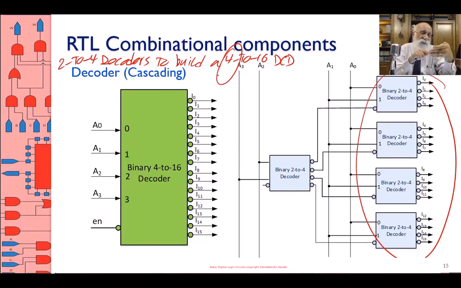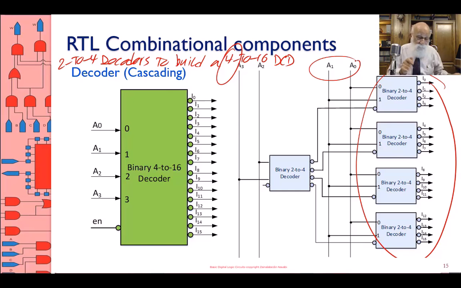That means if you have A3, A2, A1, A0, you take A1 and A0. You give A1 and A0 to all of your 2 to 4 binary decoders as you are seeing on the right-hand side.